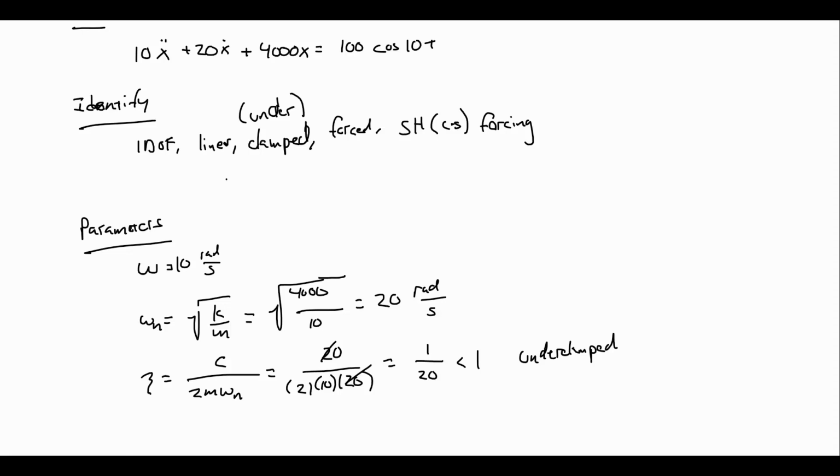So we can formulate what the closed form solution generally should look like for x of t. The x of t is going to have the form of big X0, e to the negative zeta omega n t, cosine of our damped frequency times time minus the phi naught term, plus X cosine omega t minus phi.